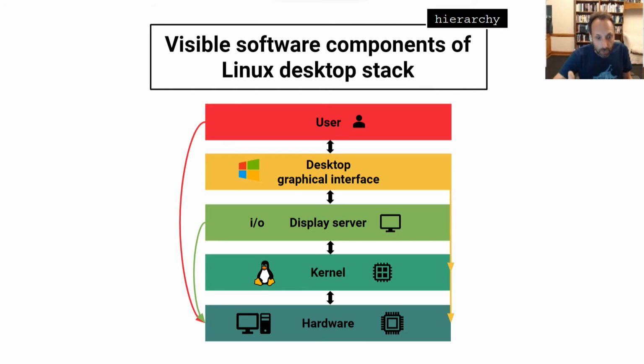If the kernel says yes, K, you can go to the screen, it sends it to the display server. That is the part of your operating system that displays things on your screen. And then you probably have a desktop, a graphical interface, often called a GUI, a graphical user interface, and then to the user, and the user sees it.